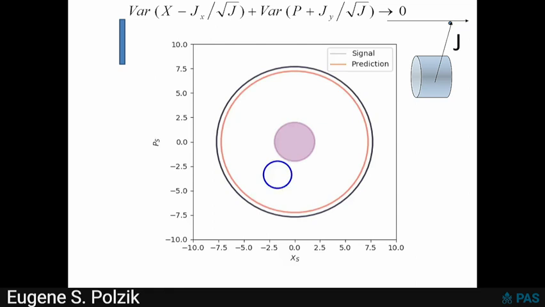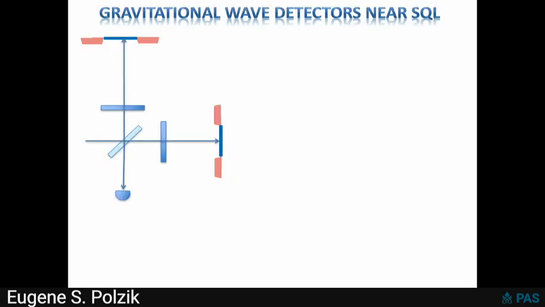So, sorry about that. So the two oscillators are entangled, and therefore they can be used for measurements beyond the standard quantum limits.